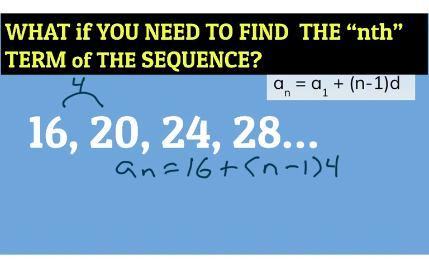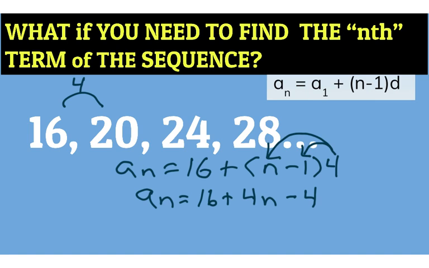So now it's a little different. Here we're just going to break it down into the smallest expression we can create. So we're going to start with the distributive property of the 4, and that's going to give us 16 plus 4n minus 4.